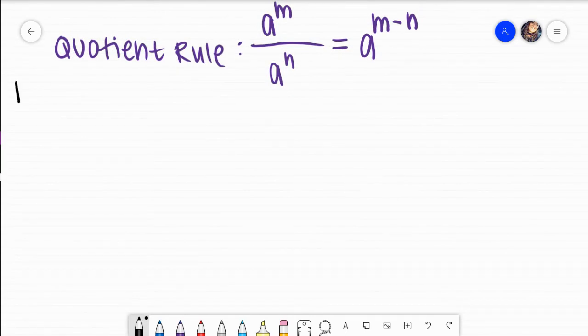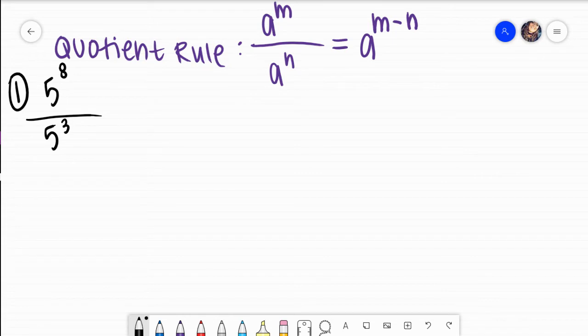Let's go ahead and do this example. What I have is 5 to the 8th power over 5 to the 3rd power. Are those the same bases? Well, what's being raised to an exponent in my numerator is the value 5, and what's being raised to an exponent in my denominator is also the value 5.